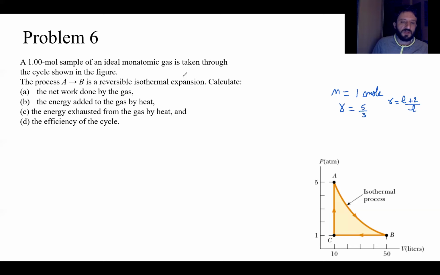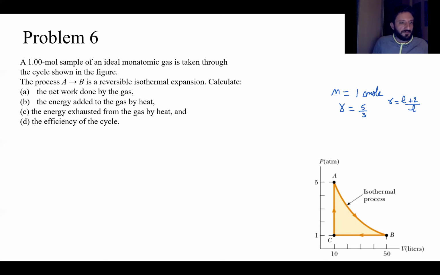Expansion means we have an increase of volume. As you see, BC is an isobaric process where P is constant, and CA is an isovolumetric process where V is constant.